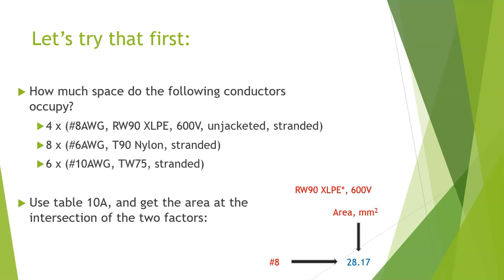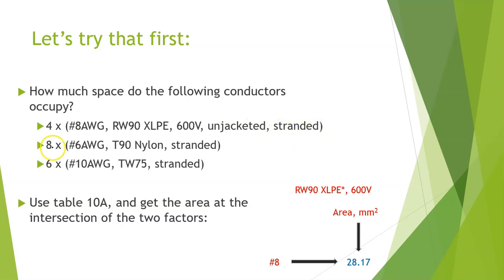So you might come across a question that's just asking you to look at the cross-sectional area of a bundle of wire, and then it gives you the parameters for that bundle. So you're told that you have 4 number 8 conductors, and those are RW90 XLPE, so that's the insulation type, 600 volt rated, unjacketed, and stranded conductor.